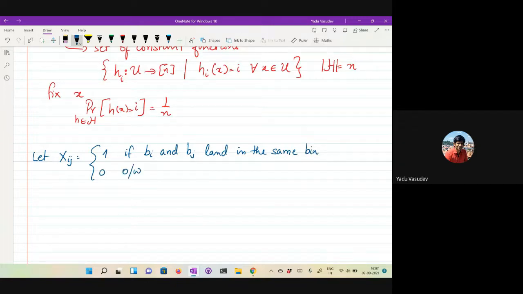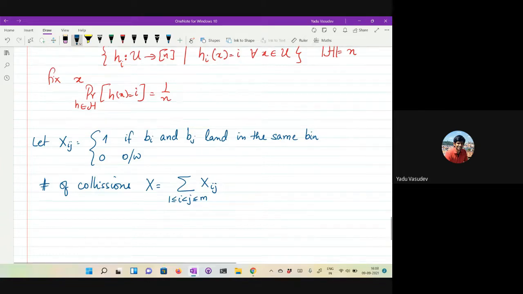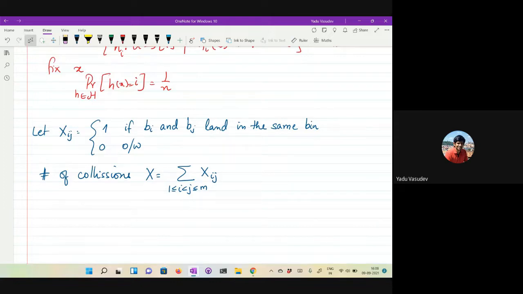Now the number of collisions, which is x, is basically the sum over all i and j of xij. This is the number of collisions. What is the expected number of collisions?